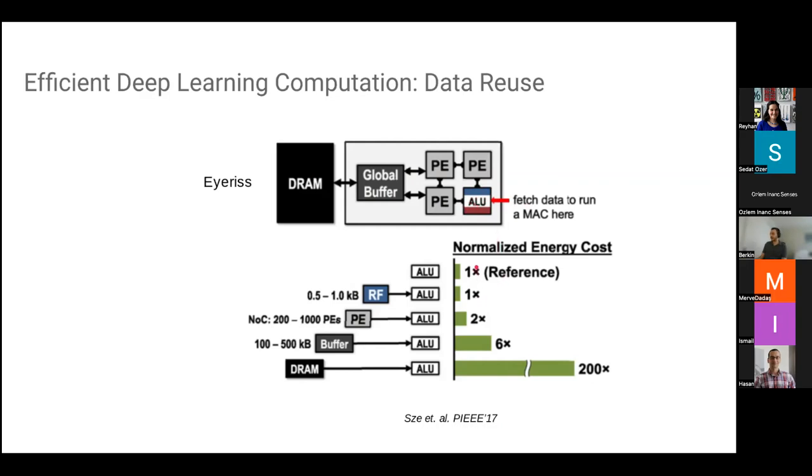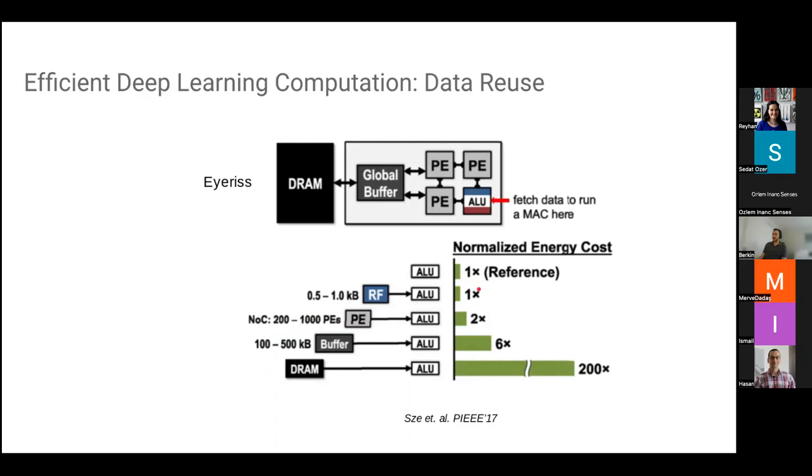And they compare here the energy of each operation, like just doing the compute, reading from the register file, moving data over the network on chip between the processing elements, buffer, and the DRAM. And you would see that accessing the DRAM is almost 200x the cost of doing a computation.